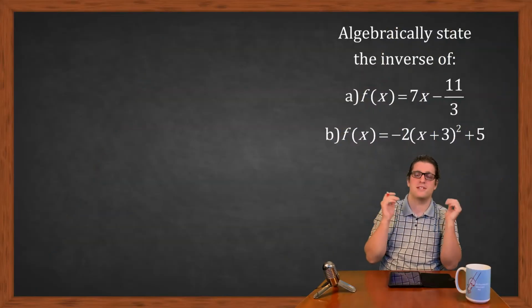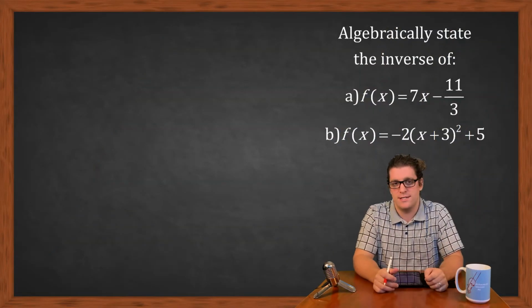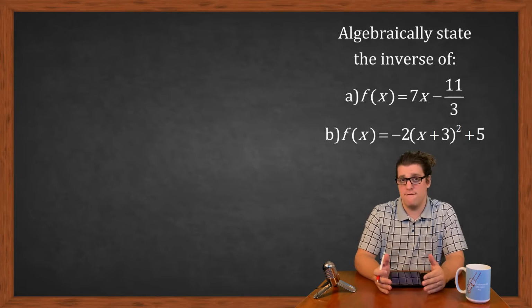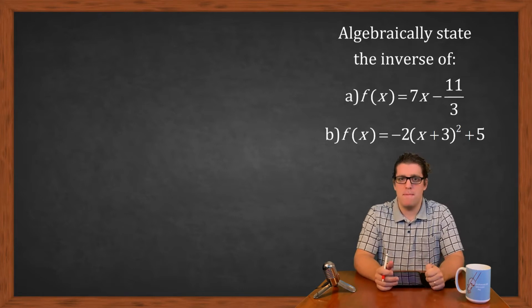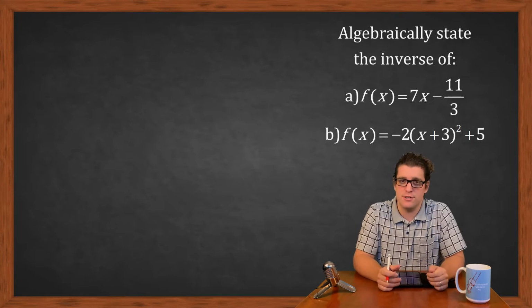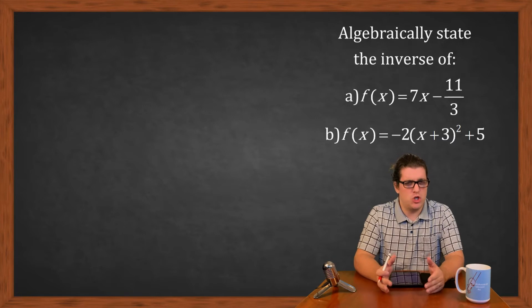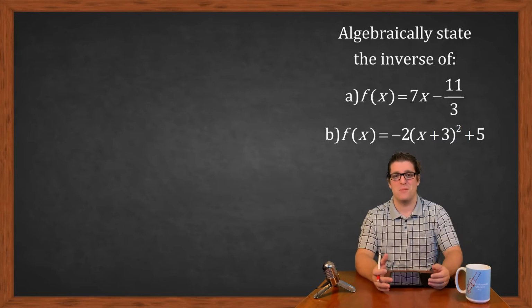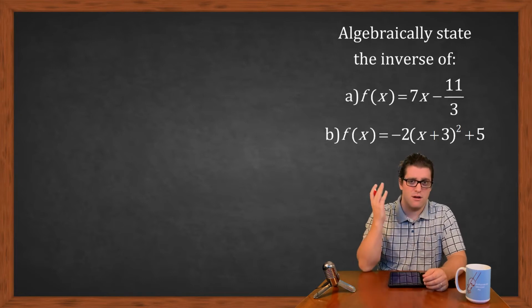Okay, so I have a couple examples up above. First one's linear, second one is quadratic. I'm going to take a look at how to determine the inverse, maybe function, maybe relation, to these particular original functions. So we should be comfortable, depending on where you're coming from, that might not be true, but this is a linear function.